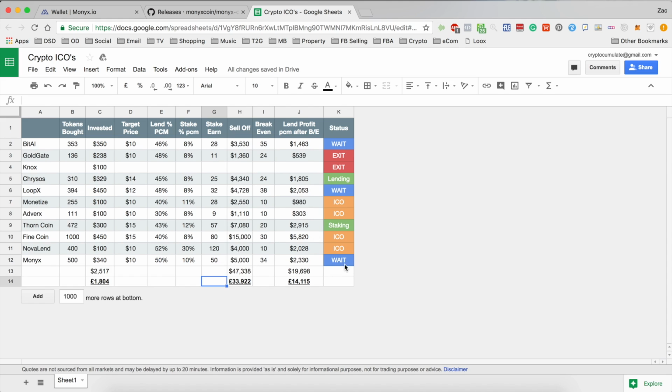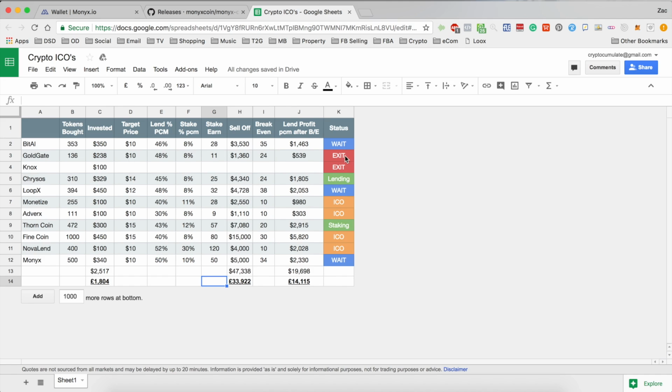In this N column, I update the status of the ICO myself, just so at a glance I can remind myself what's going on. At the moment with Monyx, we're still waiting for lending and staking to go live, which is why it says wait. You can see Thorn is currently live for staking, and Ico's is currently lending.